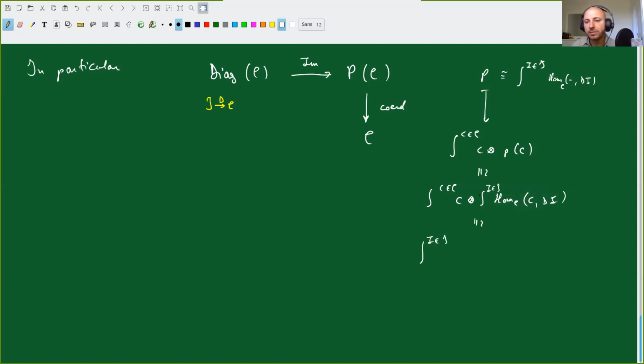All these isomorphisms mean if one of the limits exists, the other one exists, and they coincide up to isomorphism. And now we apply Yoneda, which simplifies the C.